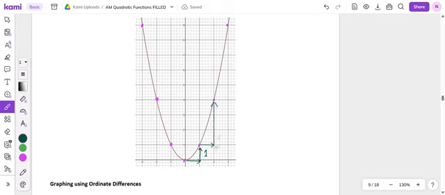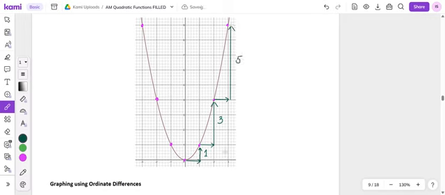It's more than 1. Let's count. 1, 2, 3. I went 3 up. Okay, let's go 1 across again, and go up, up, up, up, up. And let's count the steps. 1, 2, 3, 4, 5.